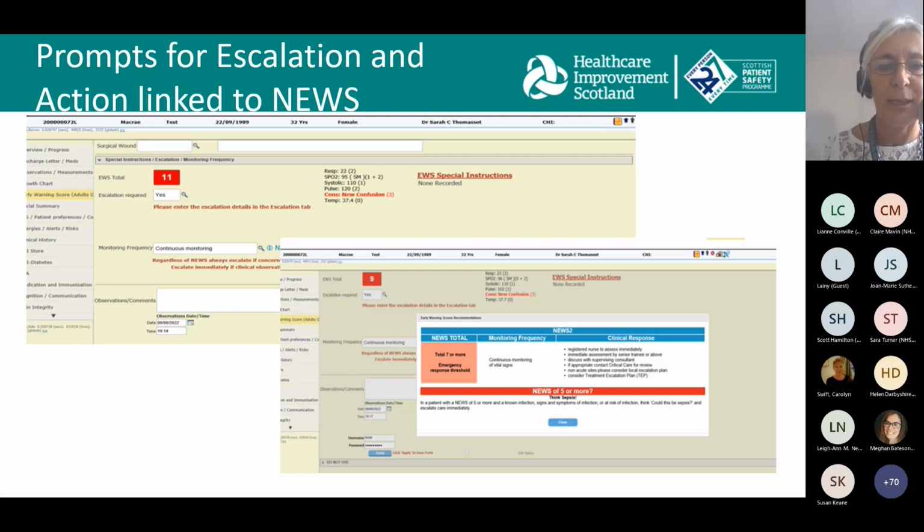And when you enter the data into the chart, you're presented with exactly the prompts that are available on the current paper chart around the actions that you should be taking to address any problems with the patient's physiology, such as applying oxygen, considering sepsis, and discussing with the charge nurse on the ward or escalating as appropriate. So we've got the prompts built in exactly the way that they are within the current news charts. Next slide, please.